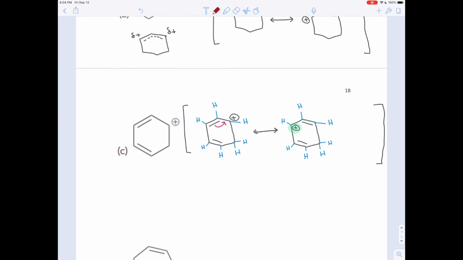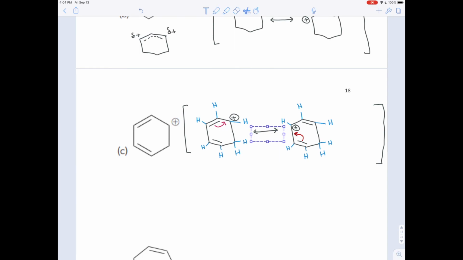You can, however, draw a new resonance structure because the positive charge is also allylic to the other pi bond. If you go one atom down from the positive charge, you end up at an atom in a double bond. So it's also allylic to that. So we should draw the resonance structure that results from the curved arrow of this pi bond going to that positive charge.